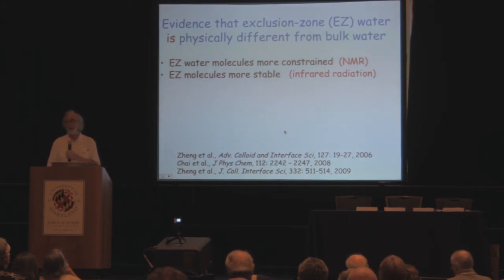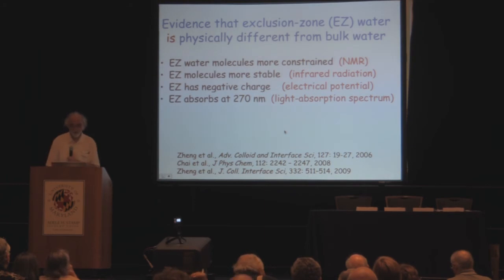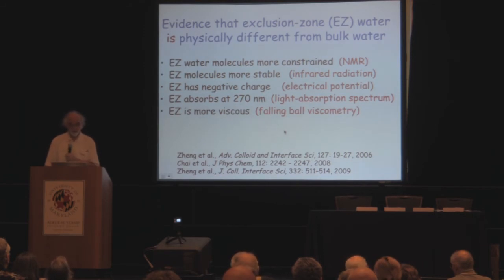It appears their emissivity is lower, and therefore they're more stable than bulk water molecules. We found that this zone has negative charge, and bulk water doesn't, and I'll show you the experiments for that. We also found a peculiar absorption in the ultraviolet at 270 nanometers using UV-Vis absorption spectrometry, and I'll show you that one too.